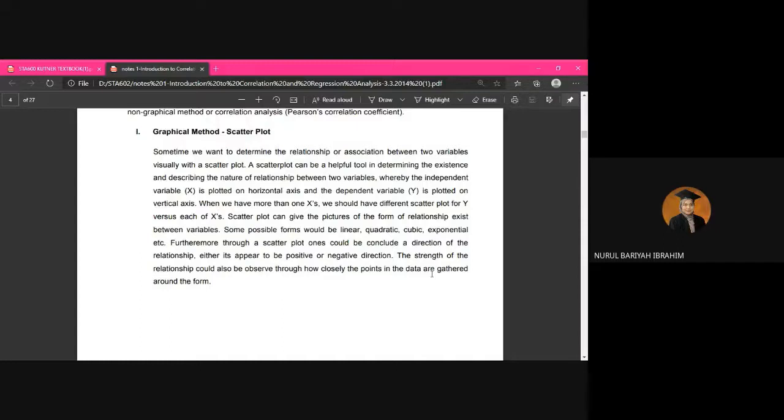So using the scatter plot, we can observe the strength, but it is not accurate to confirm the strength of the relationship between this y and x. We should use the Pearson correlation coefficient. So later we can see the formula.